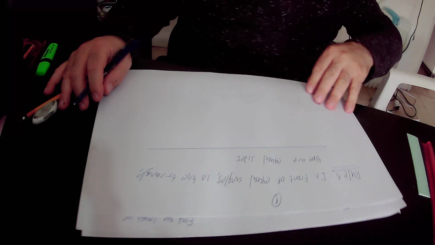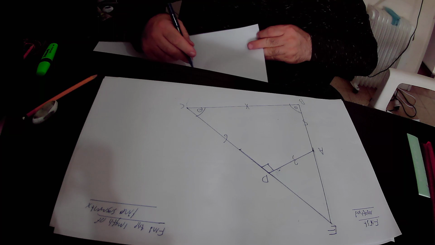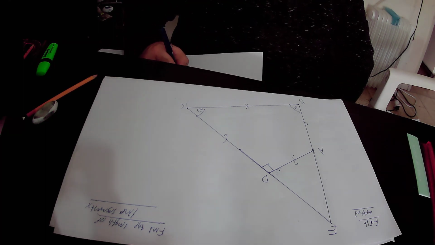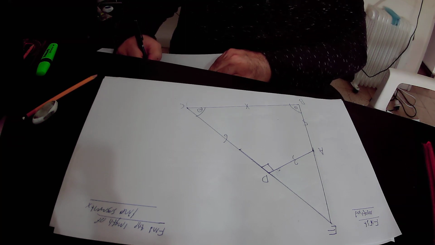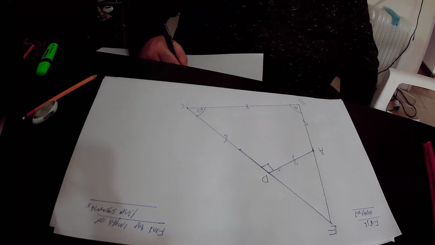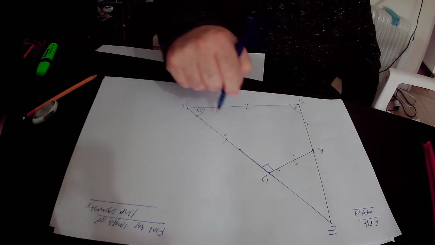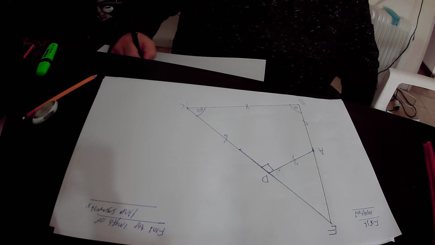So here we will focus on triangle EBC. In triangle EBC, angle EBC, this angle, is equal to this angle, that is actually angle ECB, and both angles are equal to theta.